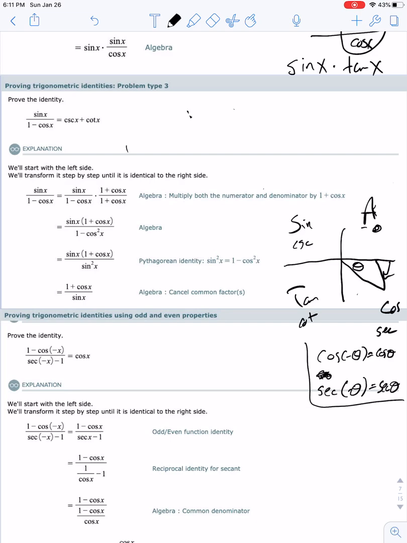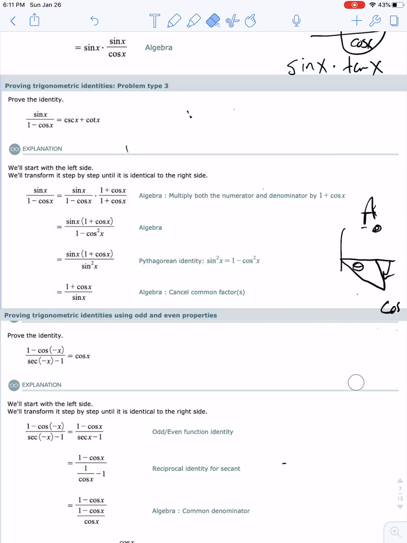Any other trig function, let's say sine of negative theta. If we want to write that without a negative theta, we just know that our reference angle is theta in the fourth quadrant, but it has to be negative. So it just gets replaced with negative sine of theta. When dealing with these even and odd properties, we are literally just substituting in those identities.